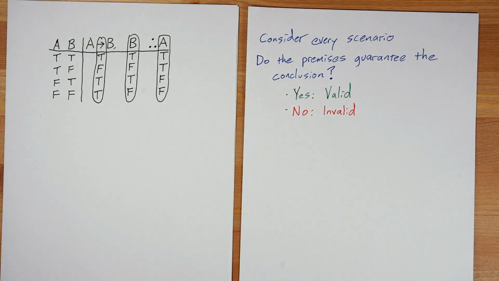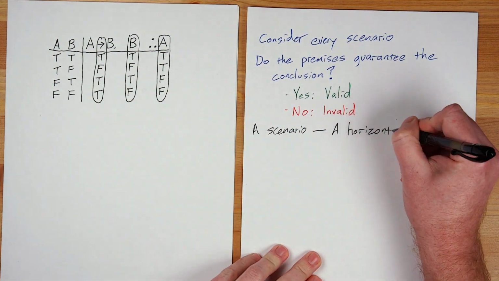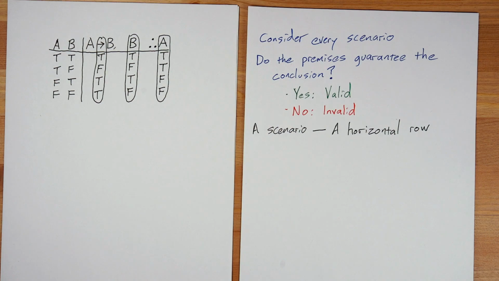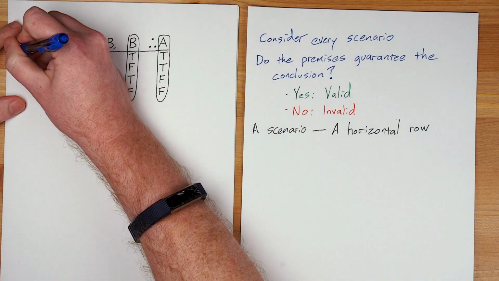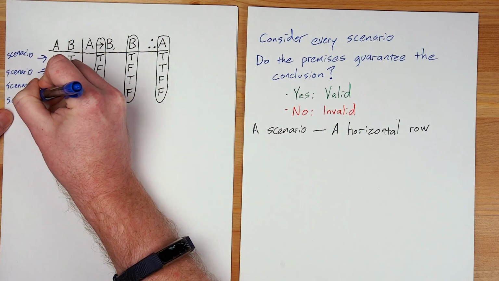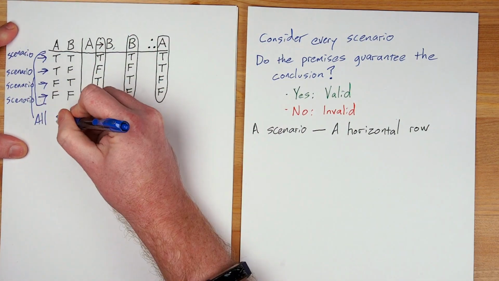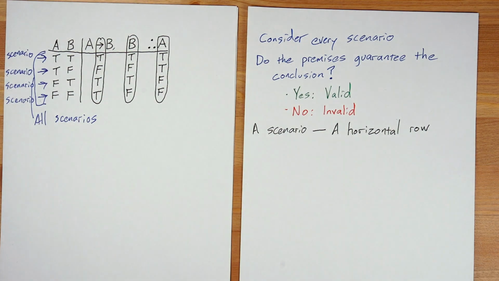The thing on your table that represents a possible scenario is going to be a horizontal row on the table. So each horizontal row is going to represent one possible scenario. And the idea is all together, all the rows represent all the different possible scenarios.